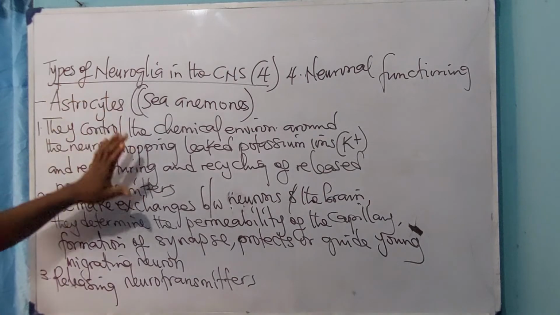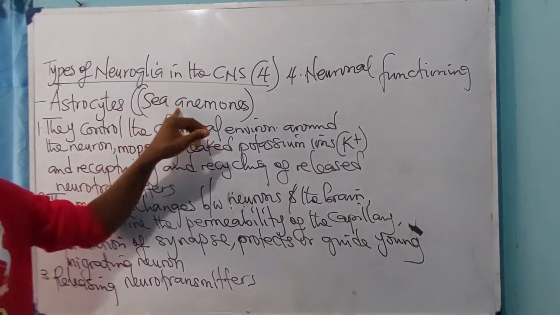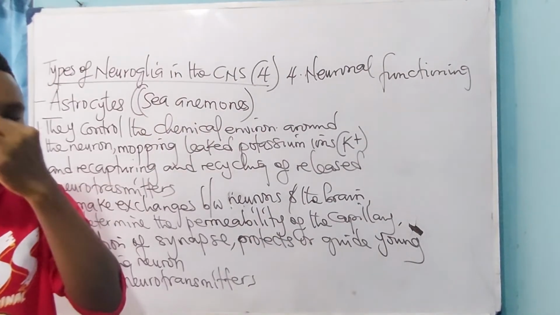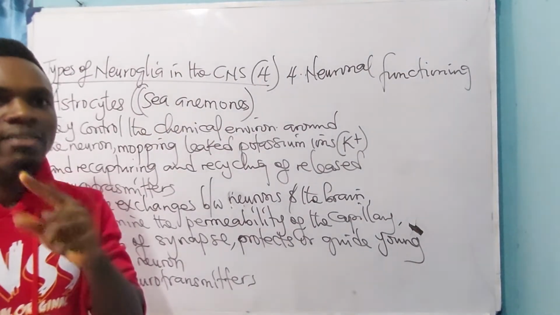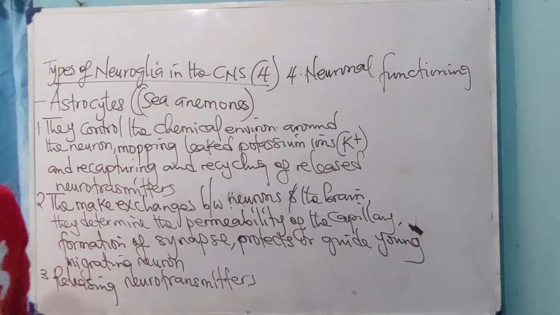Please, these are the functions of the astrocytes. I said that they have the shape of the sea anemones, and they are the most abundant and versatile cell in the neurons. So please take note of that.